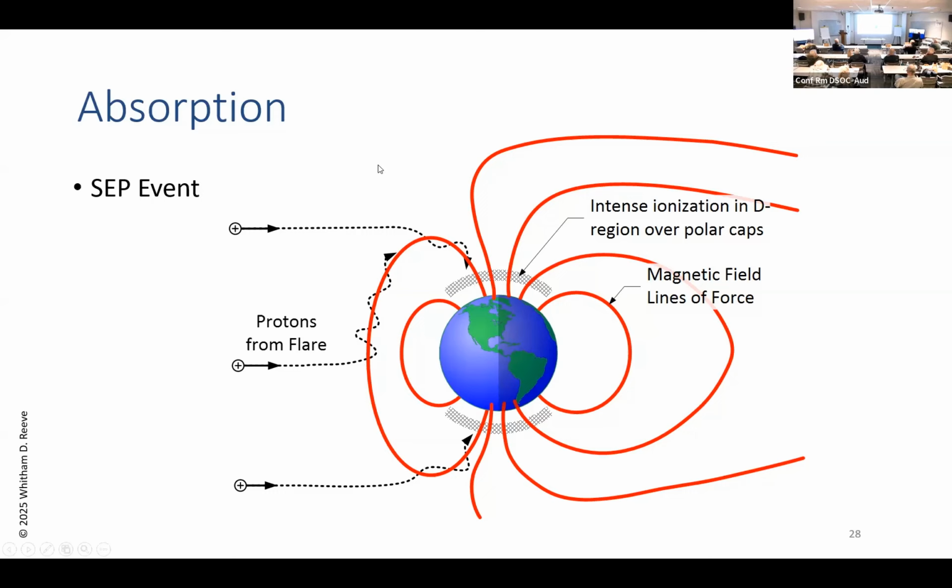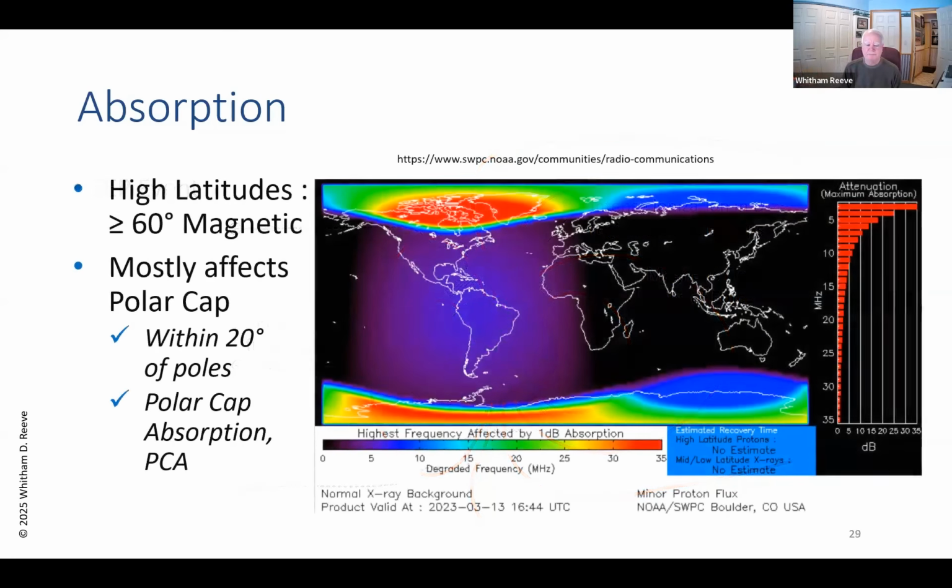So SEP events are fairly rare. They usually are only felt within about 20 degrees of the poles. In other words, latitude 70 and above generally is where this is felt most significantly.